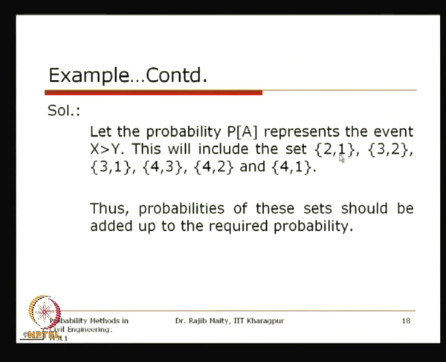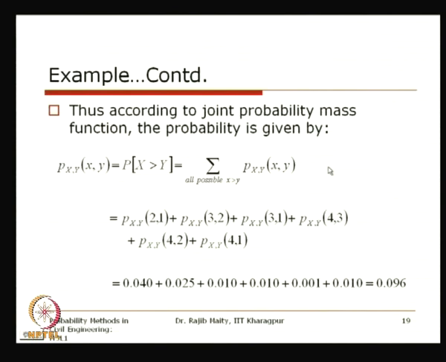So we just add up these probabilities, which are picked up from the table, and we get 0.096 as the probability for the event x greater than y.